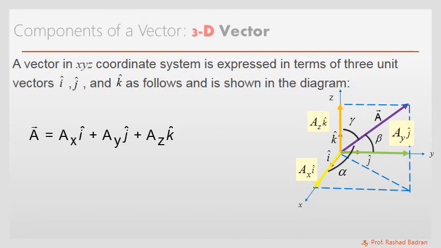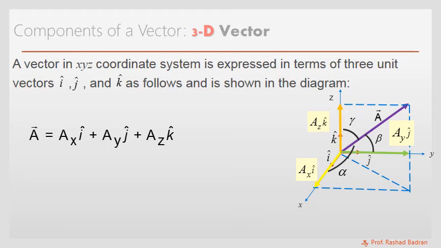How can we determine the magnitude of this vector? Well, the magnitude can be found by taking the square of ax plus the square of ay plus the square of az, and then taking the square root, and this gives you the magnitude of A.